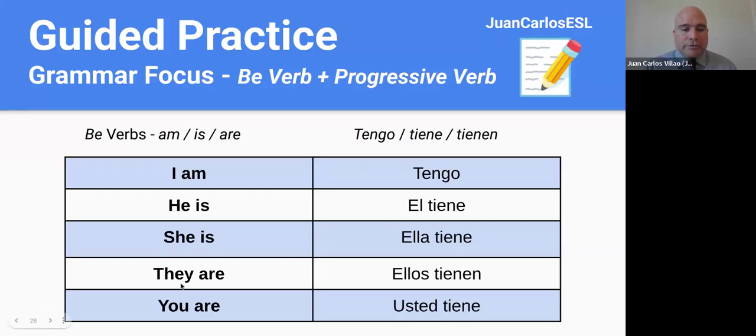And are you will use whenever the subject is plural and third person, they are, or second person singular, you are. Just to help you remember.